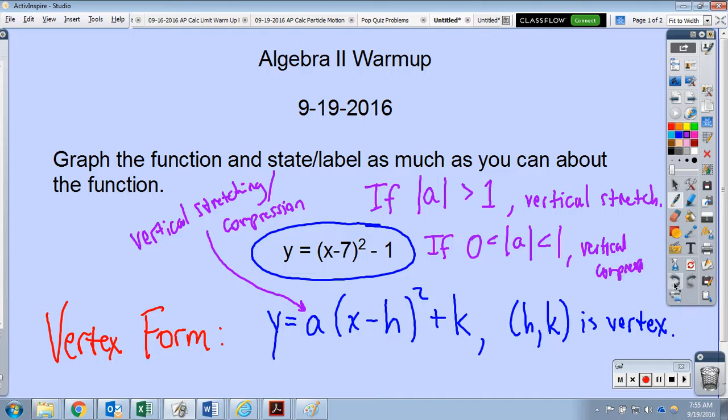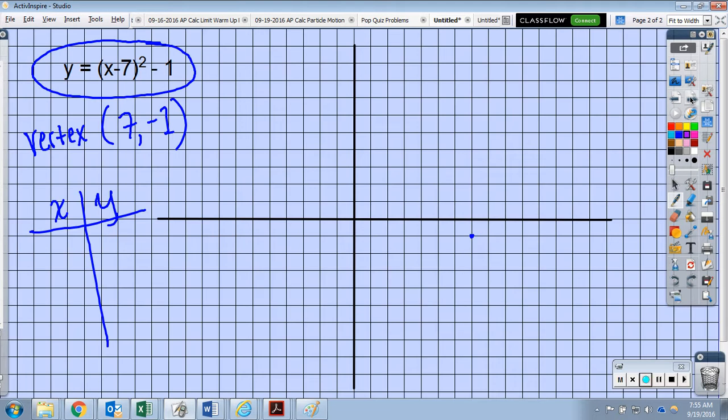That's pretty awful handwriting, so I'm going to write that word better. Compression. So looking at ours, what is the value of our A? It is 1, thank you. Because it's not written, it's understood to be 1, so there's going to be no stretching or compression.